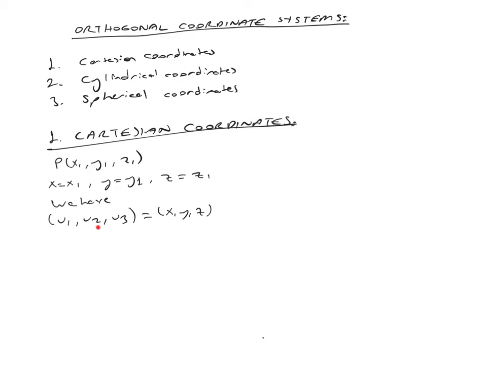These u1, u2 and u3 are kind of the general names of the coordinates. For example, for Cartesian coordinates, they are x, y and z respectively. For cylindrical coordinates, they are r, phi and z respectively. And for spherical coordinates, they are capital R, theta and phi.